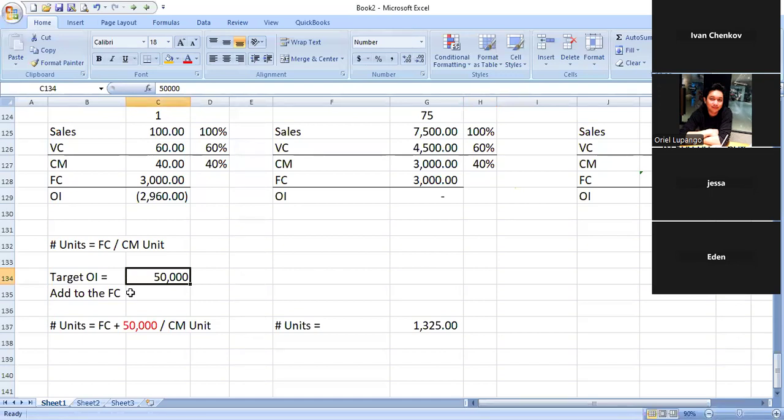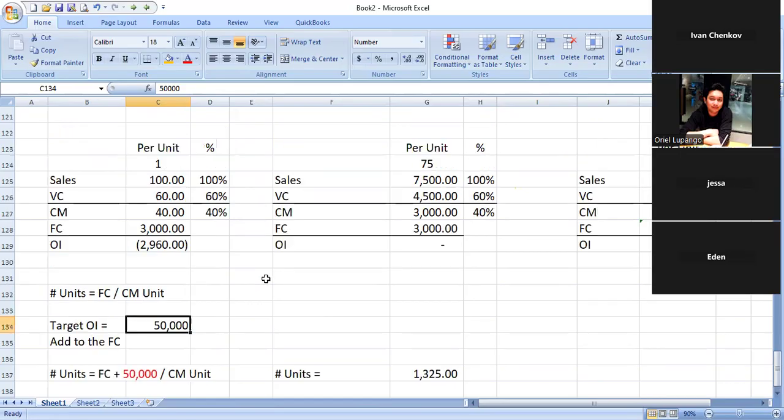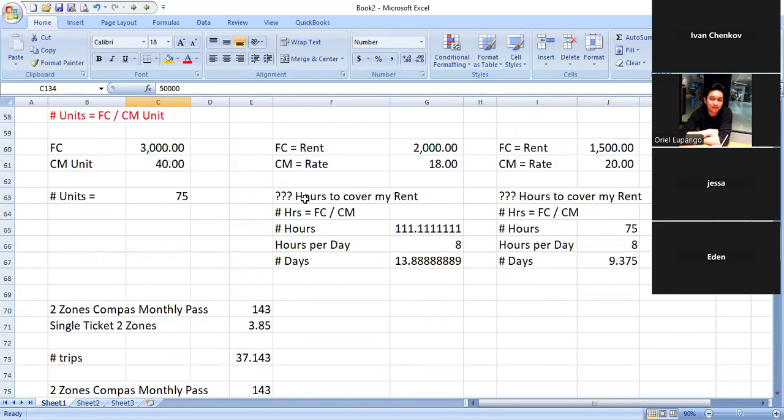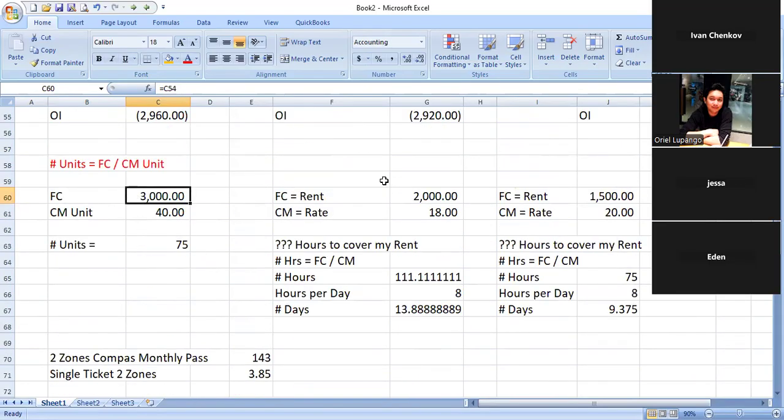If you want to get something, add it to the fixed cost. In your application here with the rent, if you still remember the rent case, the rent is $2,000. Now, if I want to get the rent plus $1,000 cash, what do you have to do?